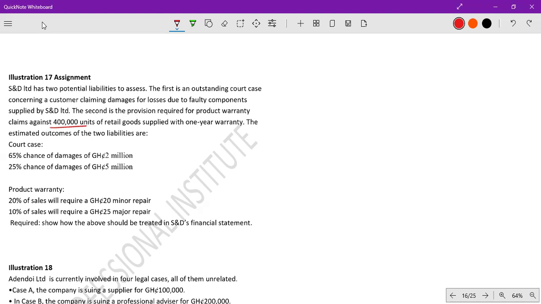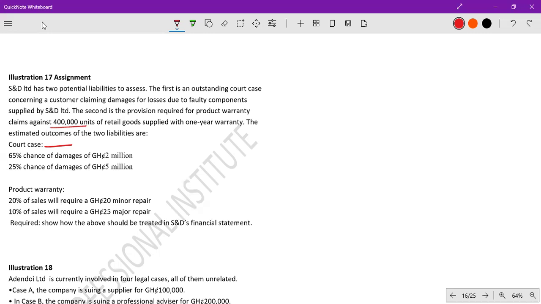The estimated outcomes of the two possibilities are: one, the court case, there is a 65% chance of damages of 2 million. So I said that the provision for a court case is the best estimate, and 65% chance of damages there.